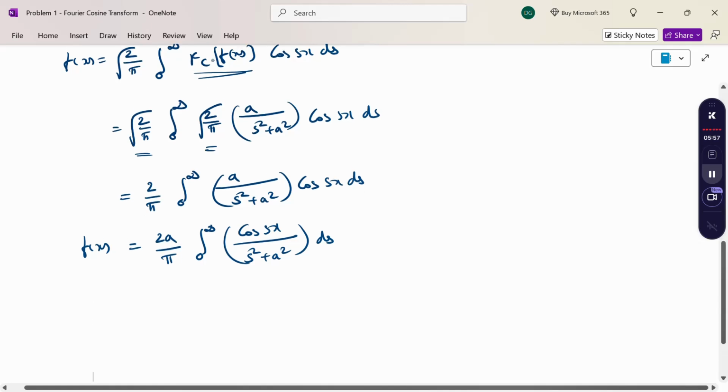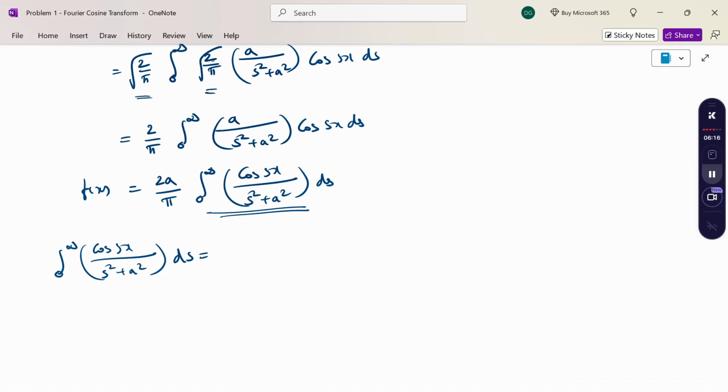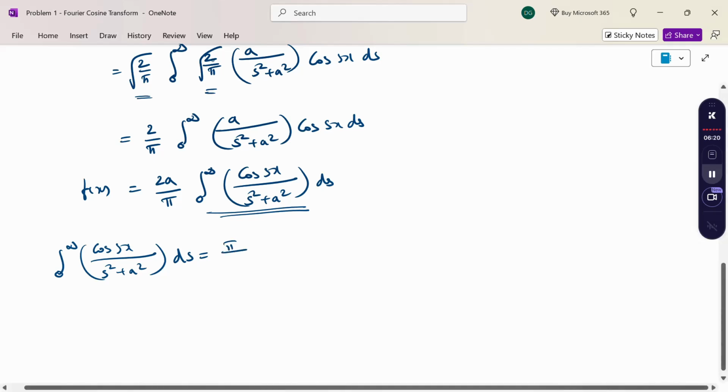Now the question is, hence evaluate this part. Therefore I keep the integral from 0 to infinity of cos sx by s square plus a square ds on the left hand side, and move the other term to the right hand side, which becomes pi by 2a times f of x.